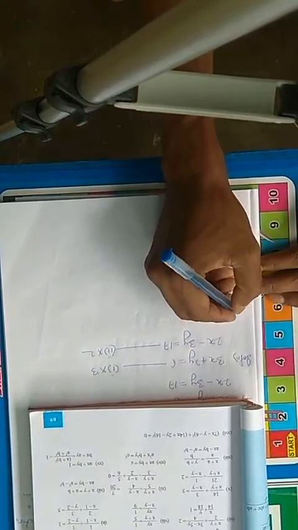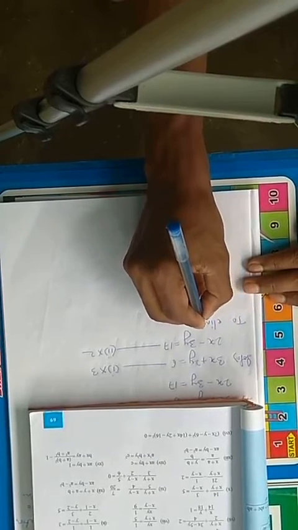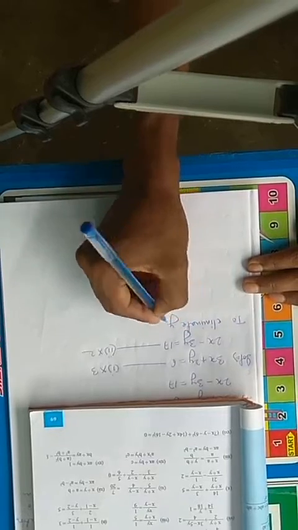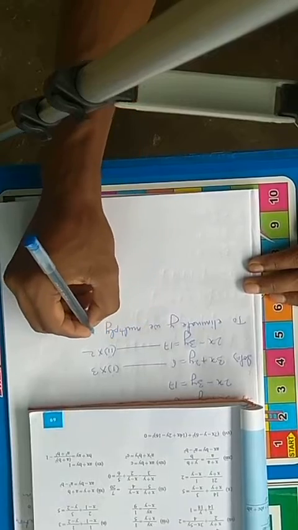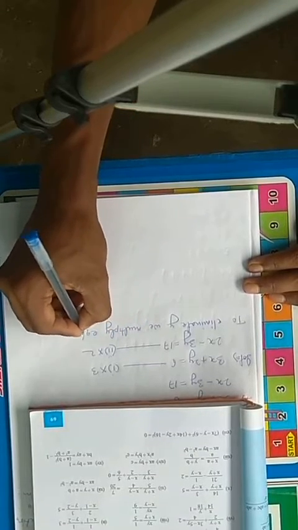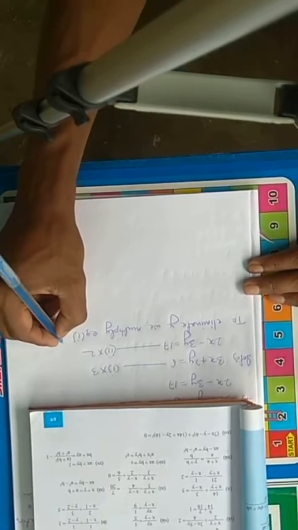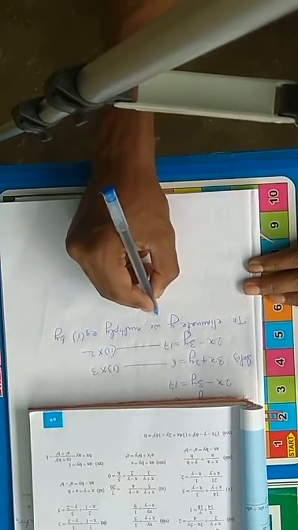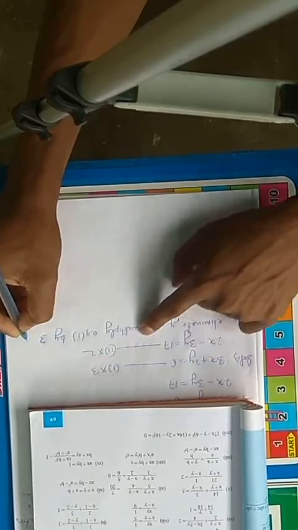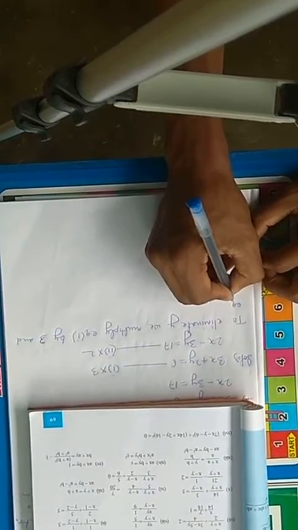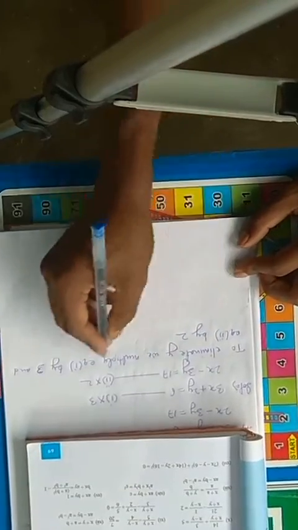Then we write: to eliminate y, we multiply equation 1 by 3 and equation 2 by 2.